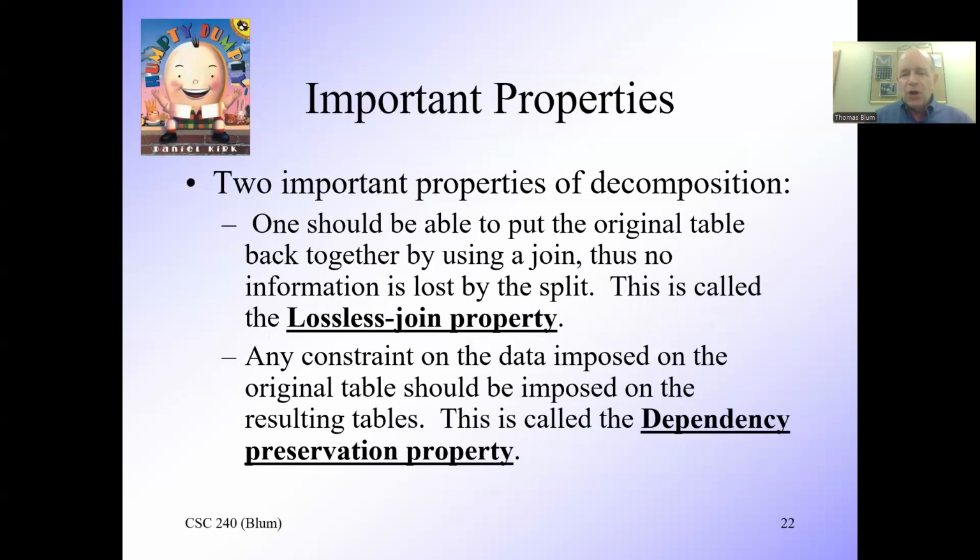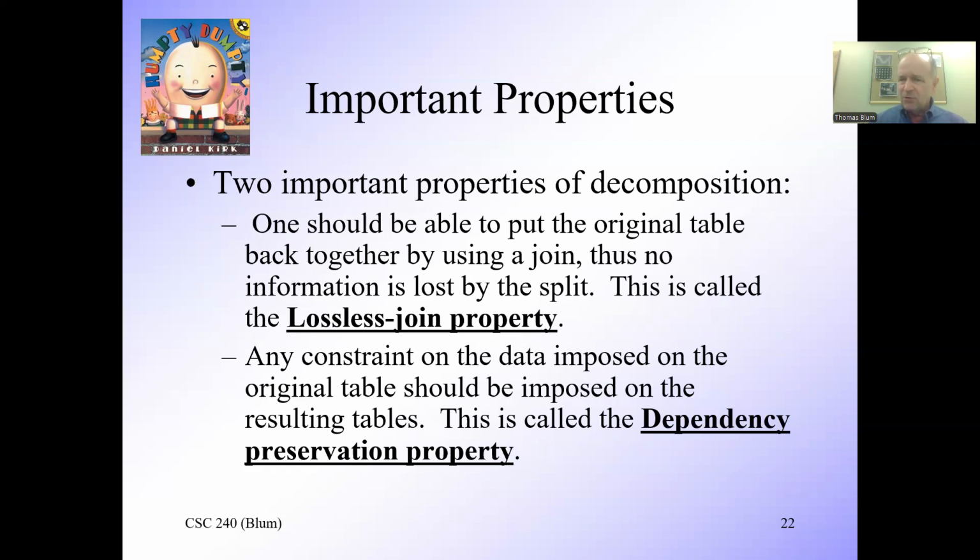So when we split something up, we have to imagine that we can put it back together again. That's why I have Humpty Dumpty on this page. I need what's called a lossless join property. So I started off in normalization with some table. I'm imagining splitting it into two tables, but I should be able to get the original table back.